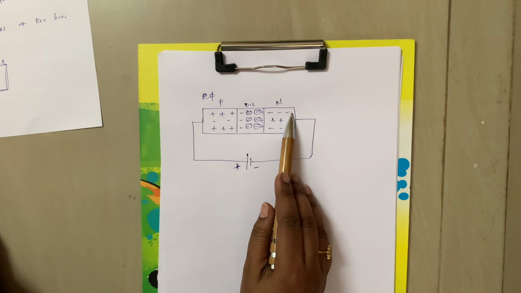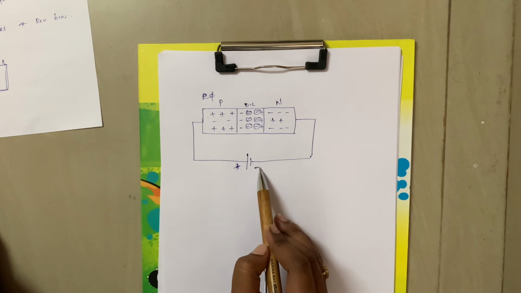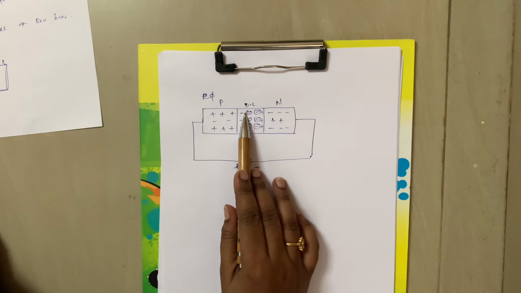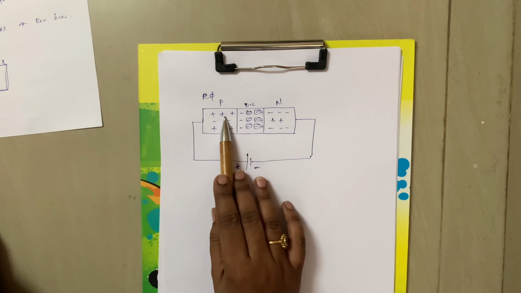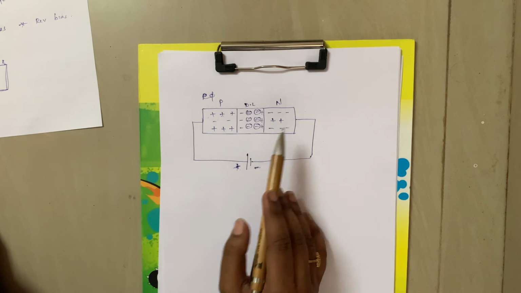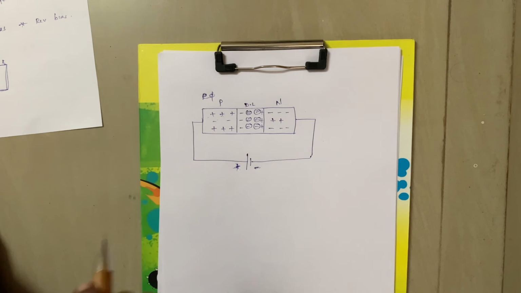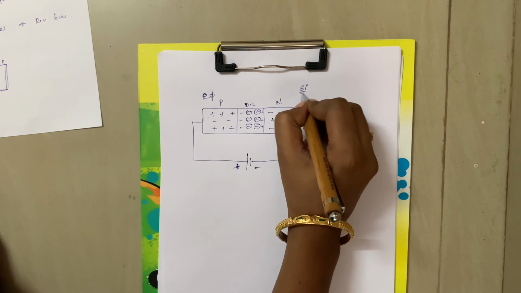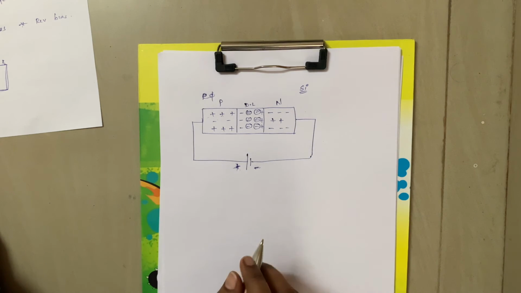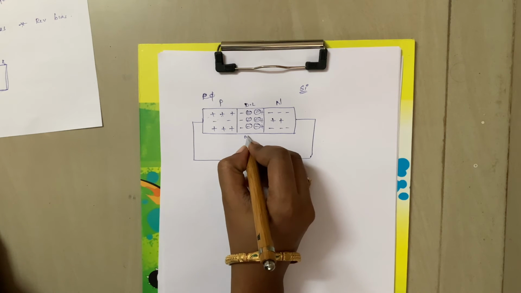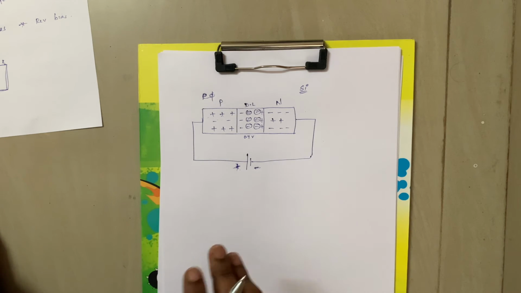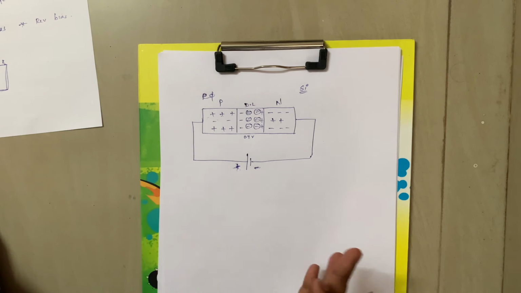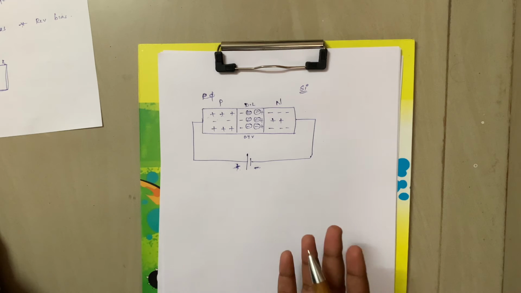These electrons will get repelled from this negative voltage supply, and they will cross the depletion region and move towards the p layer. So when voltage is applied, say if it is silicon, the barrier voltage is 0.7 volt. That 0.7 volt is actually stopping electrons and holes from moving further, from recombining.